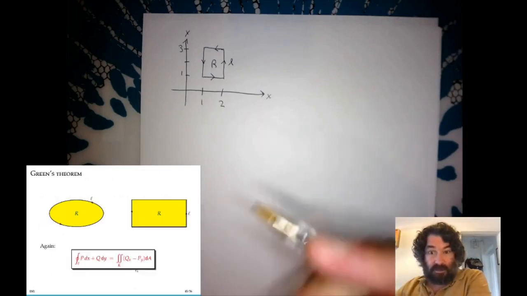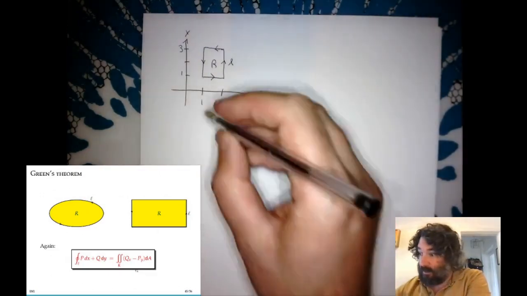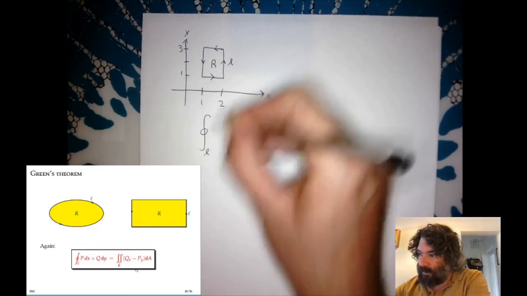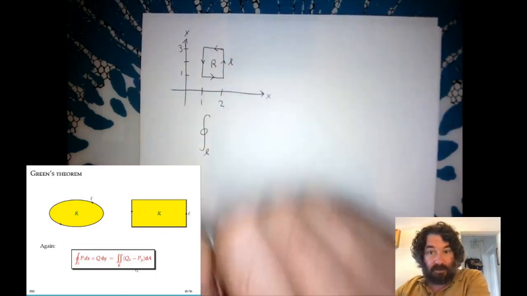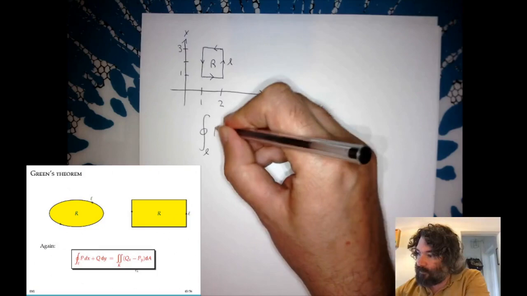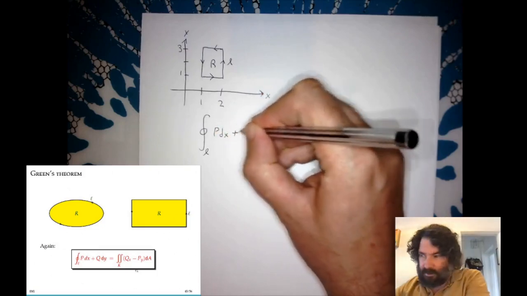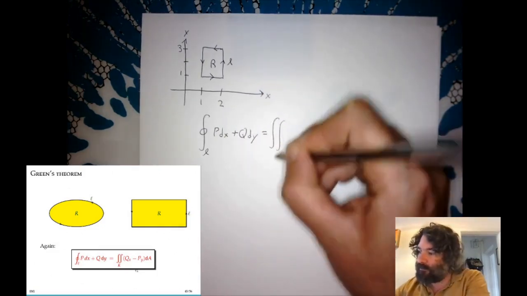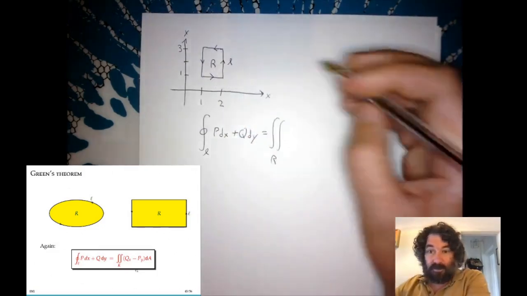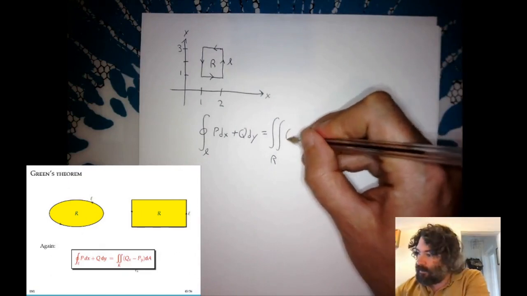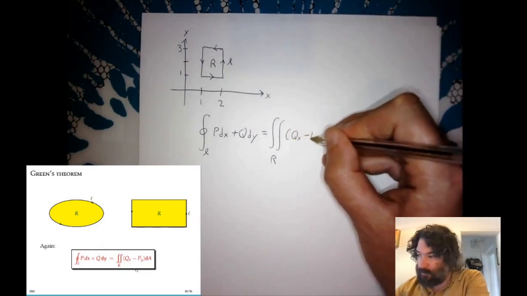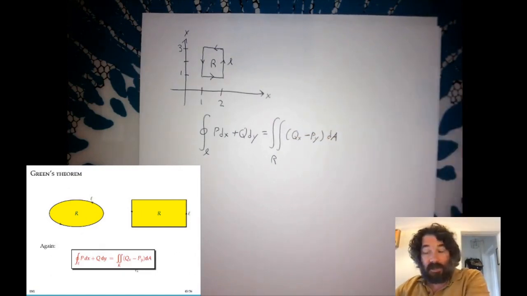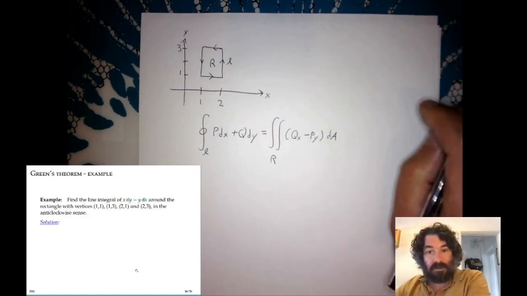What Green's theorem says is shown here. We should have that the integral around this loop L, the curve that encloses this rectangle, of P dx plus Q dy is equal to the double integral over the interior of the rectangle of Q_x minus P_y. And this is what it says in general. Now let's apply it to the particular example.